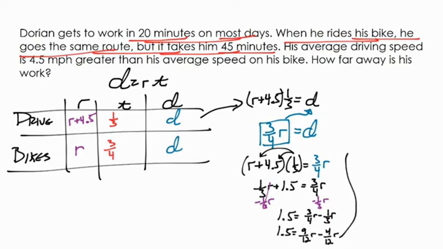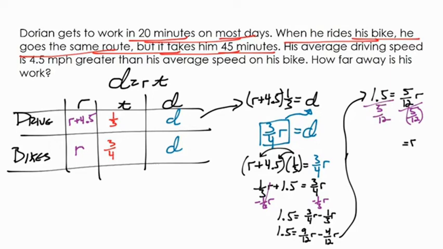Let's keep going. I'm going to come up here where I have some space, so 1.5 equals 9/12 minus 4/12 is 5/12 r. And then however you want to solve this is fine. I'm just going to punch it into my calculator, dividing by 5/12 on each side. And let's see what that is.